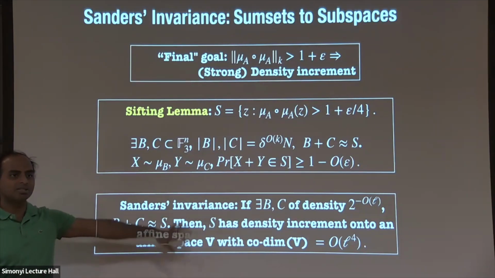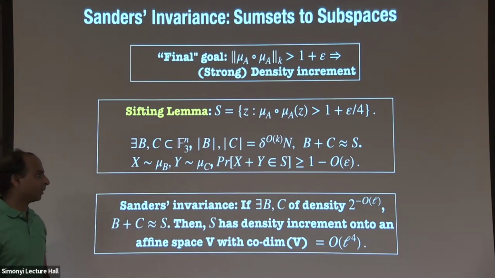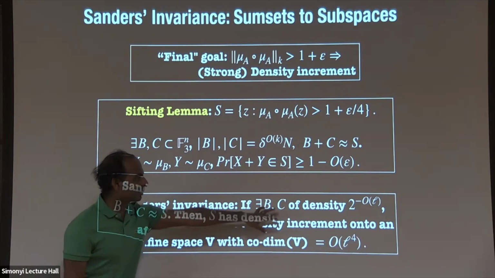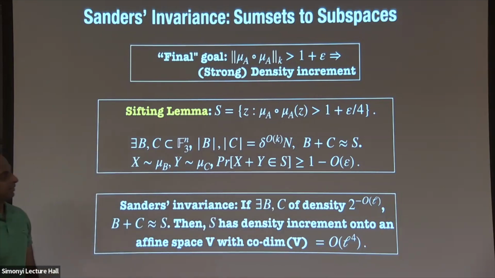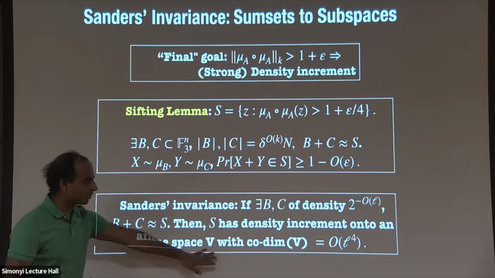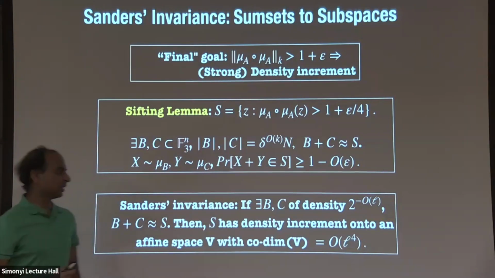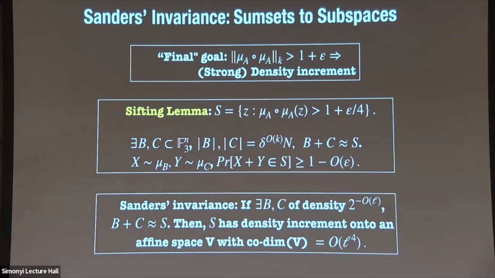There is some loss in parameters, but you essentially can say that if there exists B comma C of density 2 to the minus L, meaning you're missing 2 to the minus L fraction, then you should also get density increment onto an affine space V, where the codimension is L to the 4. So it's a polynomial loss in the codimension compared to the density, but you get a subspace instead of a Sumset.